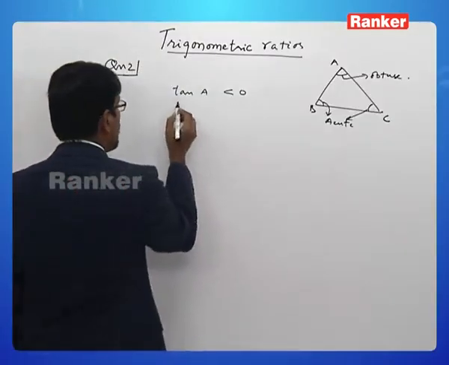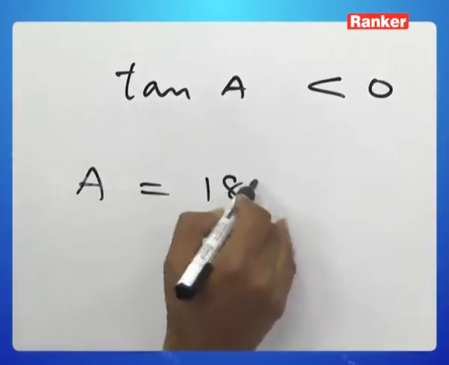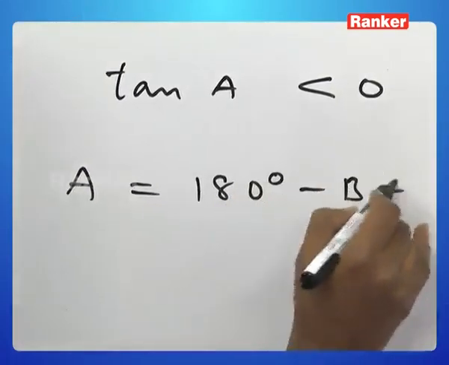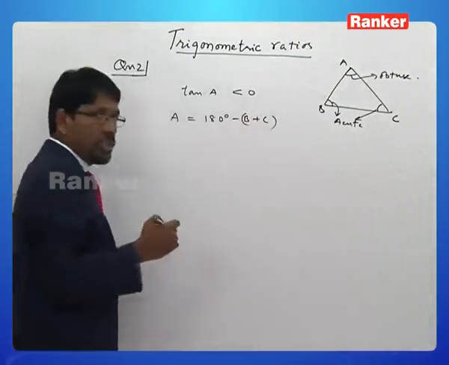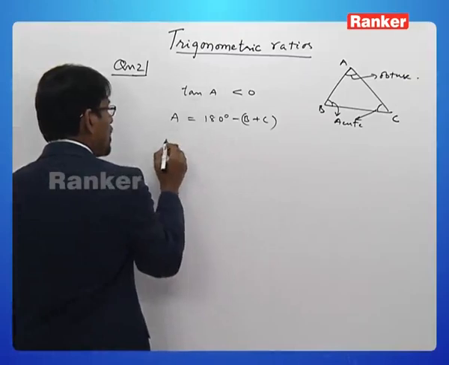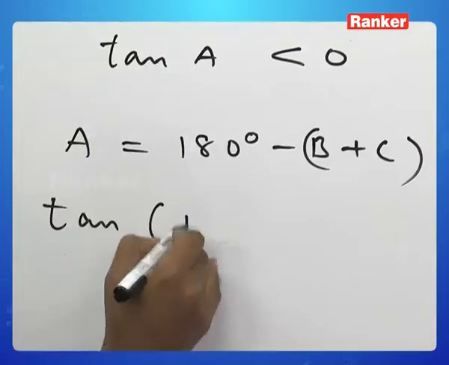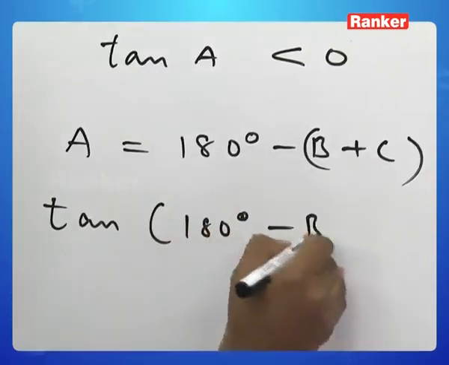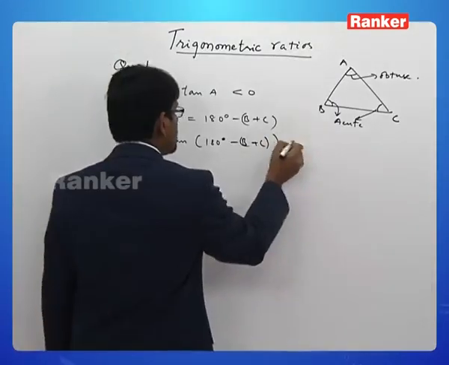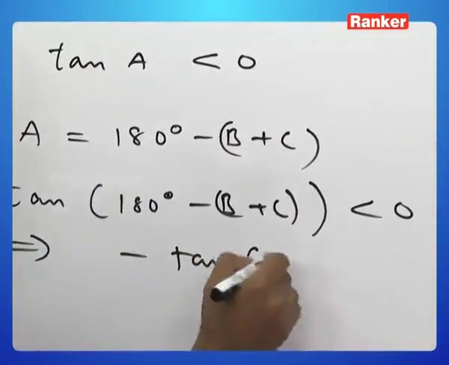But what is A? We know that A can be written as 180 minus of B plus C, because A plus B plus C is 180 in a triangle. So what we can do here is tan of 180 minus of B plus C is negative, which gives me minus of tan of B plus C is negative.